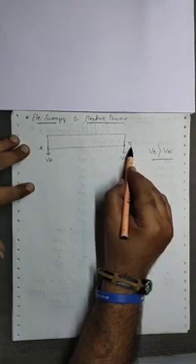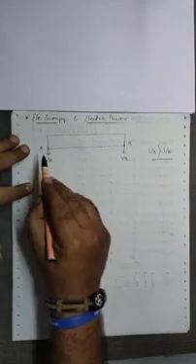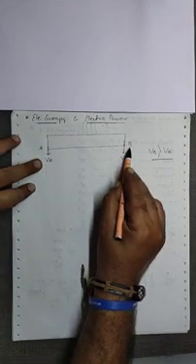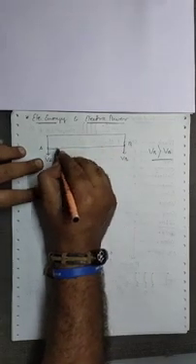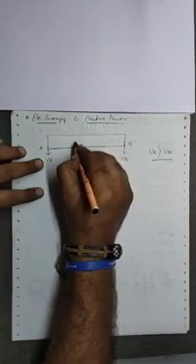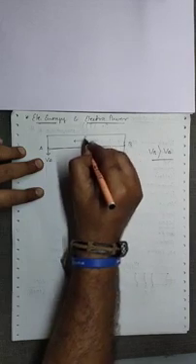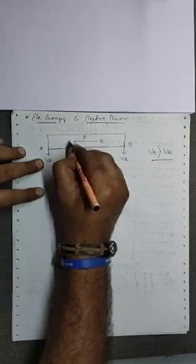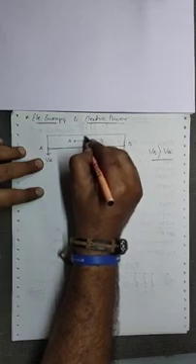It means B is at higher potential, right? Because of this potential difference, electric current is flowing from higher potential to lower potential.